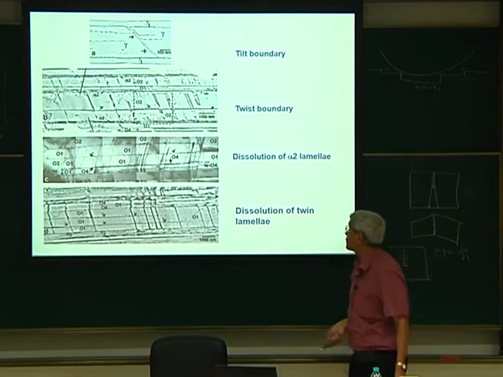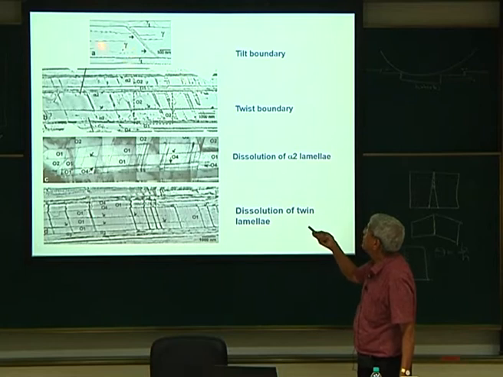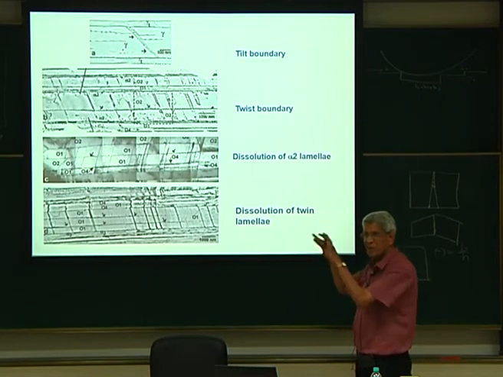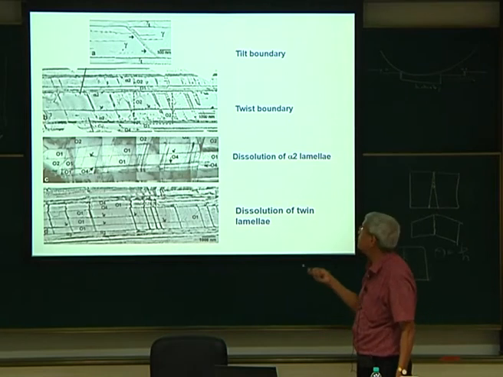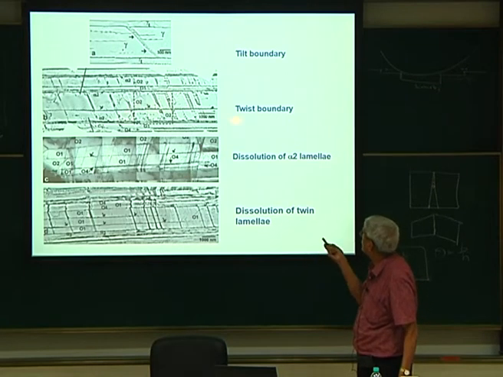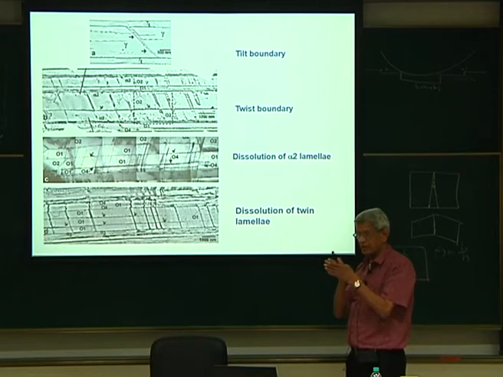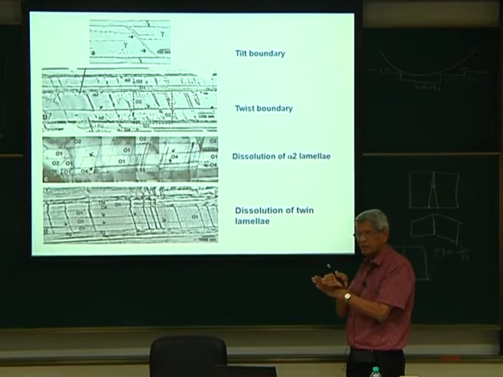So, what I had shown here is a tilt boundary, which we see in this one, the summary of all the types of boundaries which we have seen, and another is a twist boundary. Another is when, as I mentioned, with respect to the HCP structure, FCC structure forms on either side.